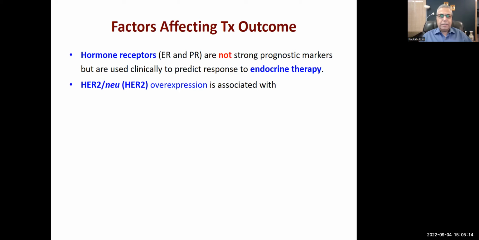And if it is HER2 positive, there are two ways of looking at HER2. Either we look at the receptors on the cell surface, which is known as immunohistochemistry, or we can look at the gene amplification as well.